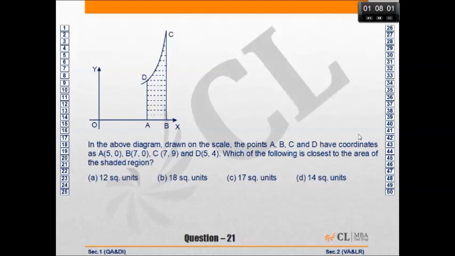In the above diagram drawn to scale, the points A, B, C, D have coordinates. A is 50, B, C, D. Closest area we can calculate. So round 1 question, because I can calculate very easily. A is 50 and B is 70, so that means this is 2.